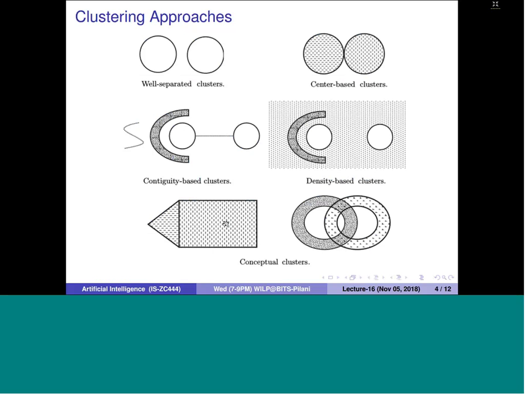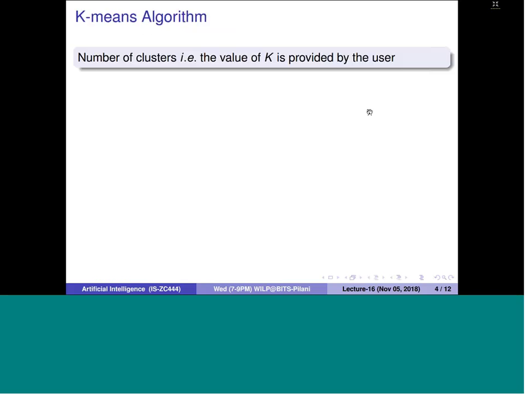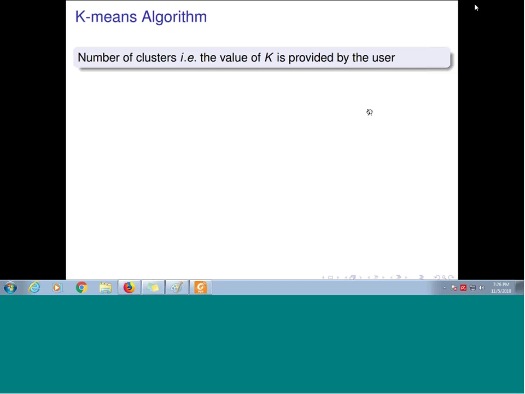So we have discussed that there could be various clustering approaches, and they are all equally valid. We are going to see more details of this particular algorithm, called the k-means clustering algorithm.